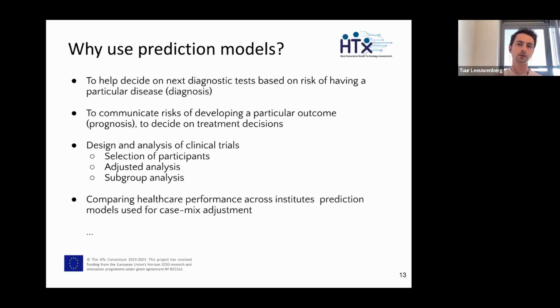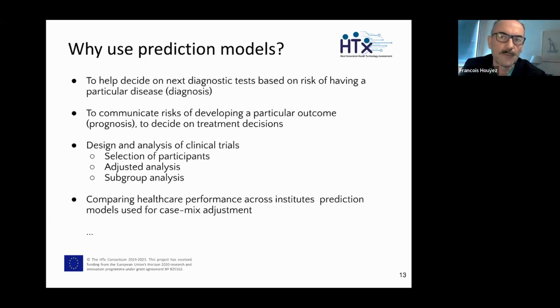Because if one hospital always gets the very serious patients, then it will seem as if their surgery is not going so well, because more people have severe outcomes. So you have to correct for the severity of the patients when they come in, compared to hospitals that have maybe less severe patients.